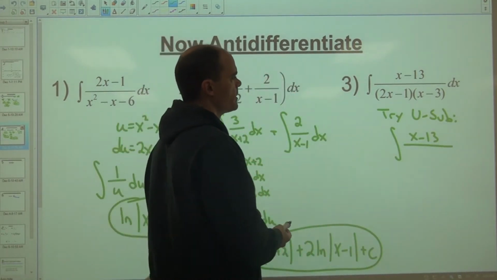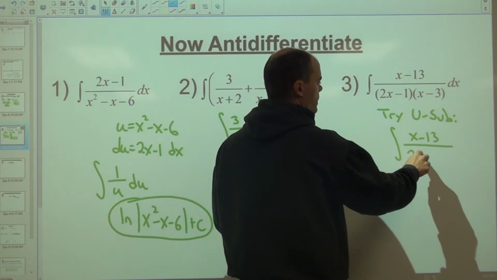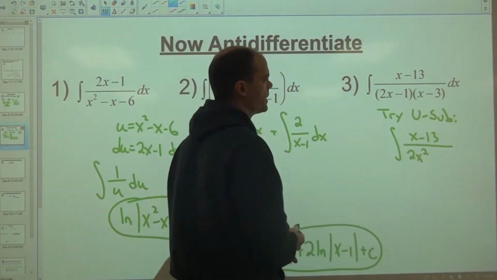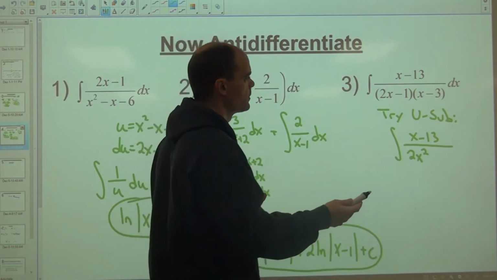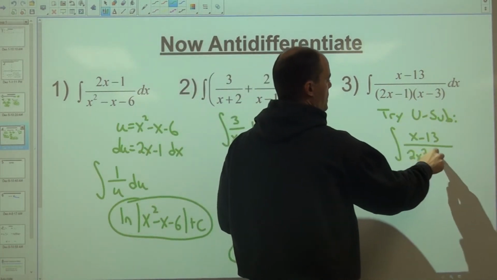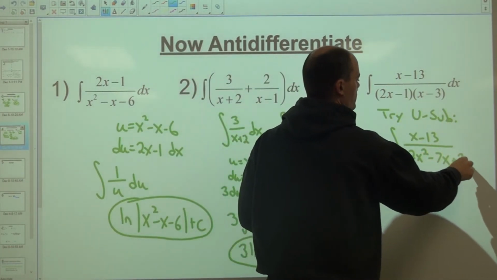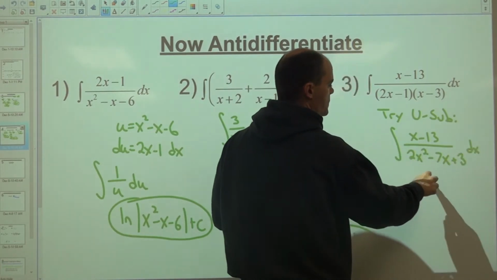And what do I get down there? Well, I get 2x squared. I can already tell this is going to fail, can't I? But let's go through the motions, right? So we'll get minus 7x in the middle plus 3 dx.